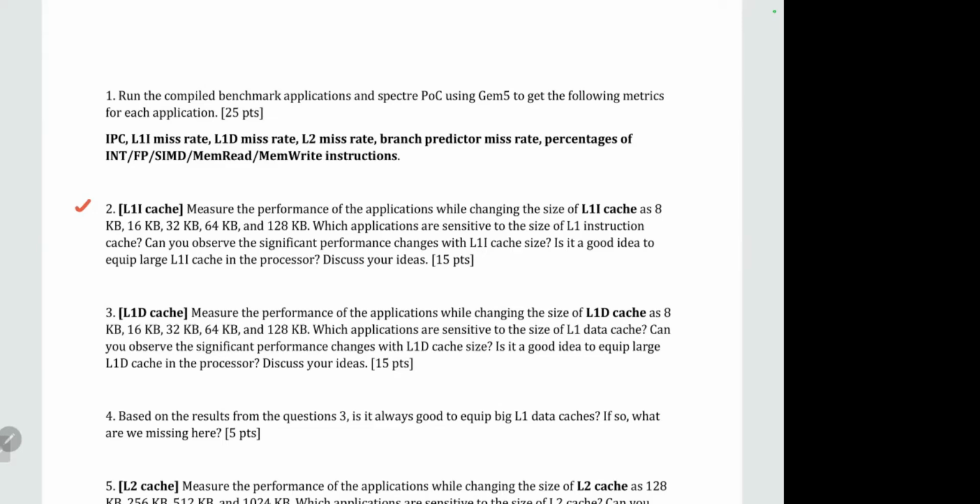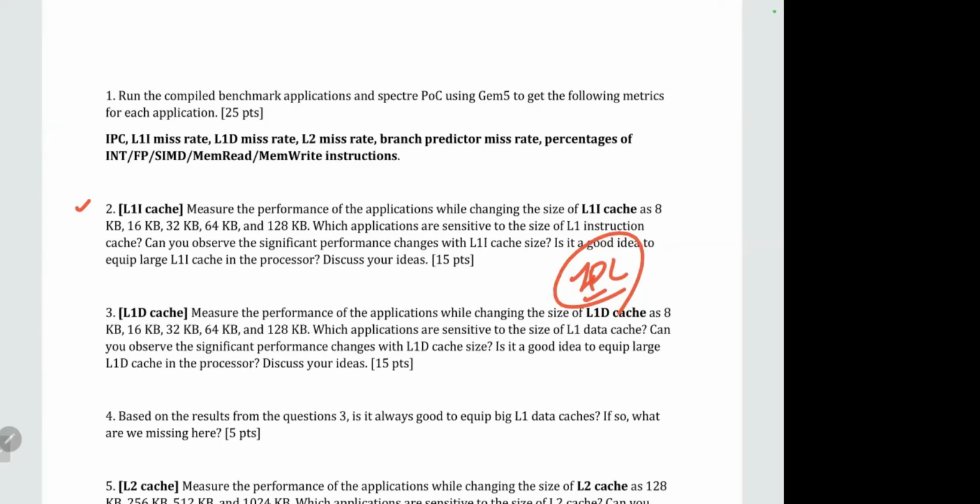But usually IPC is proportional to the performance of the processor. So we can measure the IPC across various cache sizes and analyze the cache sensitivity of the workload.